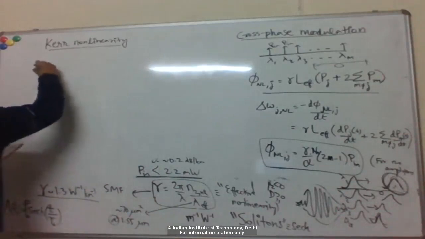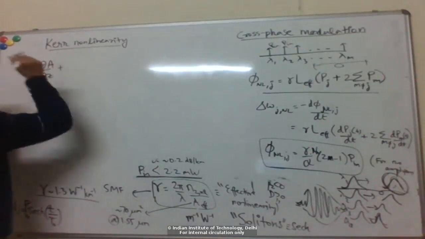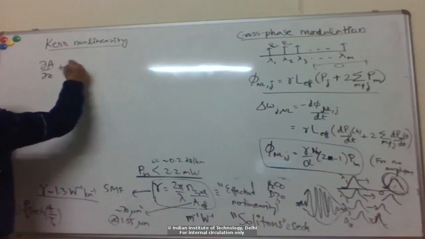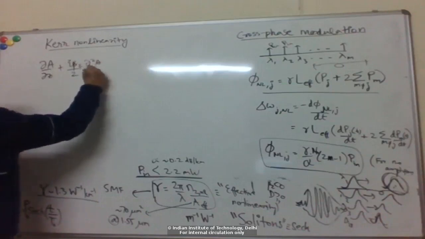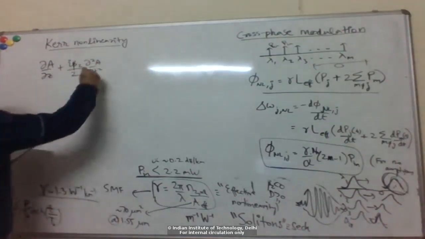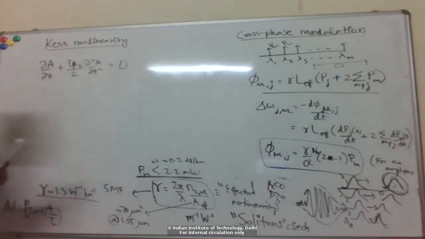Okay, so the pulse propagation equation we had just due to dispersion was like this. If we had GVD, so if beta 2 was the dominant term, then this was the pulse propagation equation.